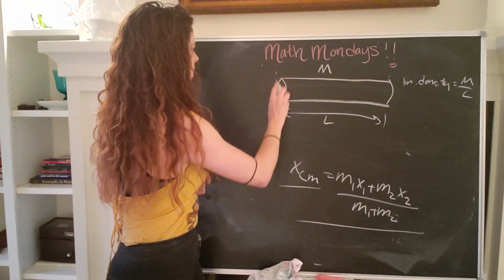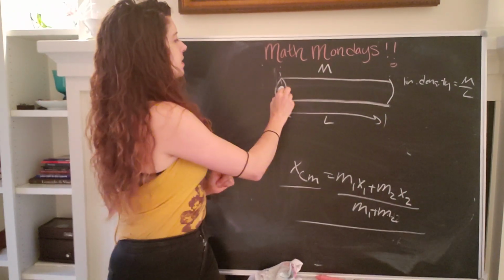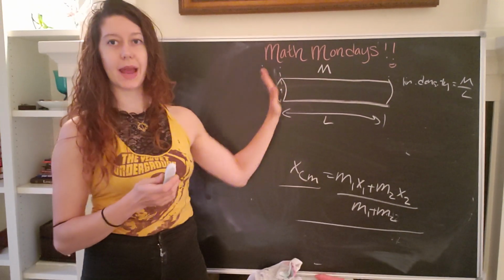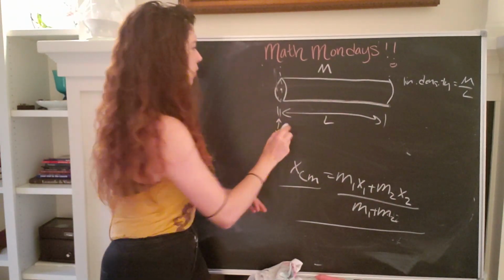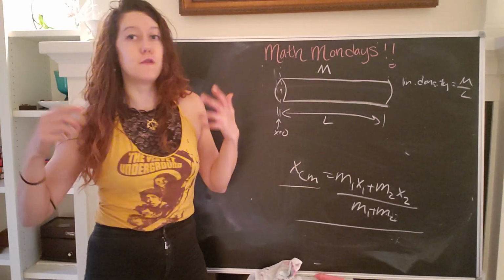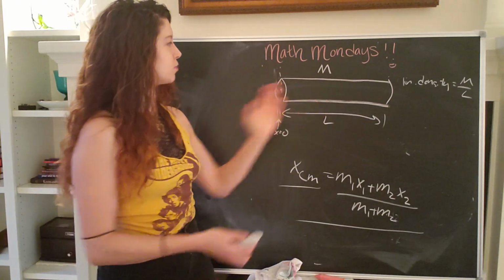So now we're going to say, all right, let's set up our coordinate system. We'll set up our coordinate system at the end of the bar. And so at that point, we'll say, okay, x equals 0 here. We want to find the center of mass of this object.